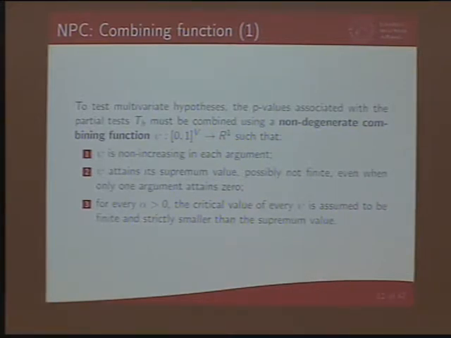So we found out that you can select a combination function that maps from the V-dimensional interval 0, 1 to R1, that has these properties: it is non-increasing in each argument, it attains the supremum value even when only one argument, which in our case are the marginal p-values, goes to 0, and for every alpha that is fixed a priori, the critical value is finite and strictly smaller than the supremum.